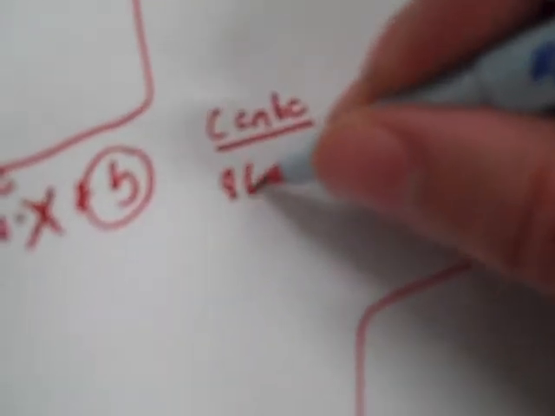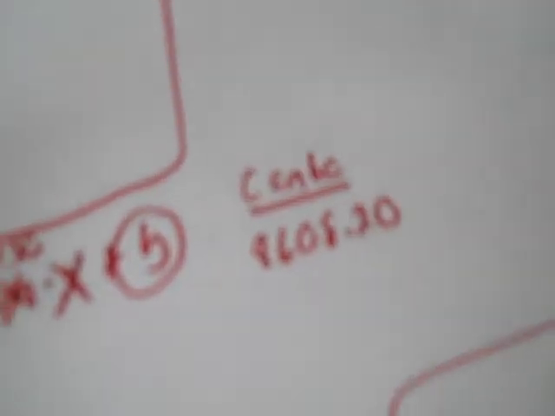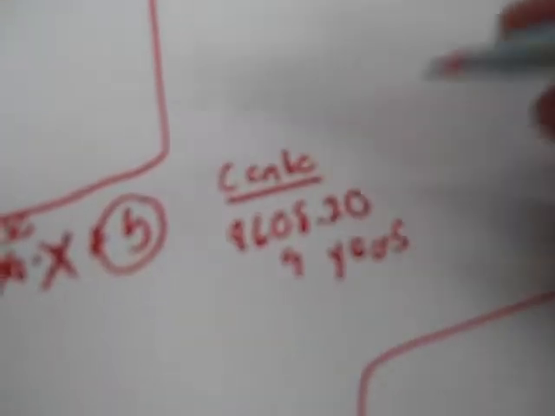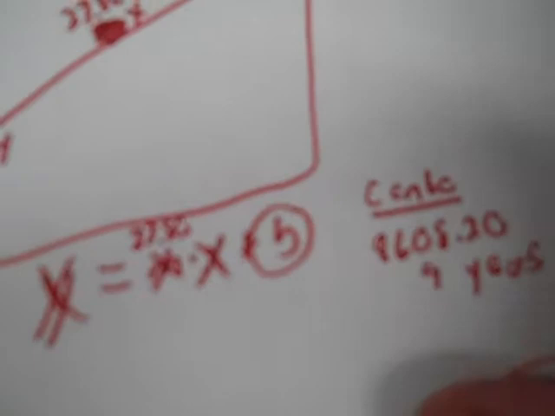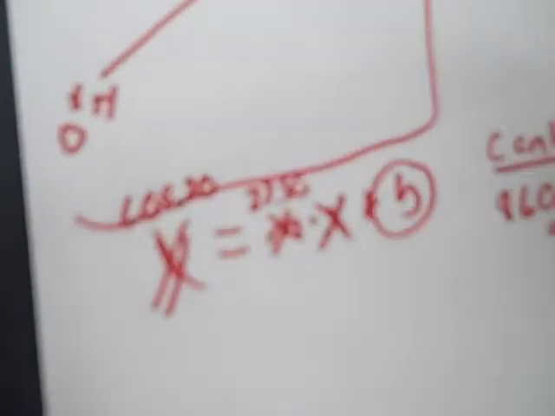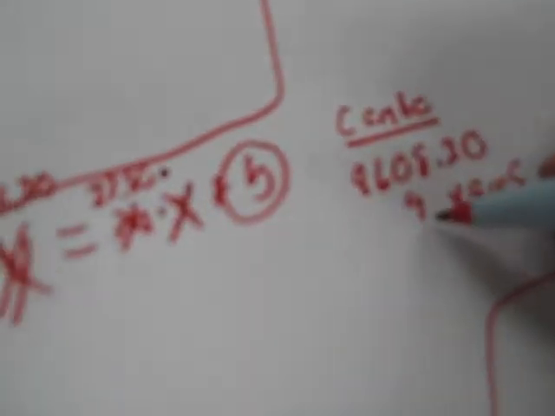We've already used that. Well, I see 608.20. That'll work, because that was for 9 years. So the Y is going to be 608.20 because Y is money, and then the X is 9.